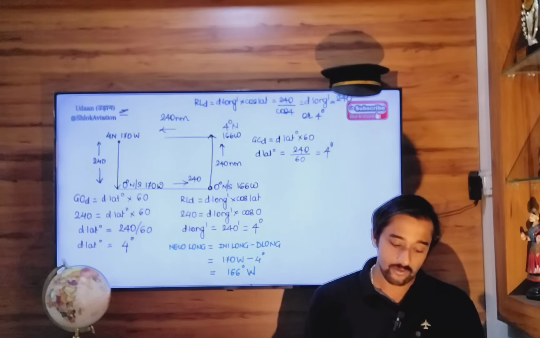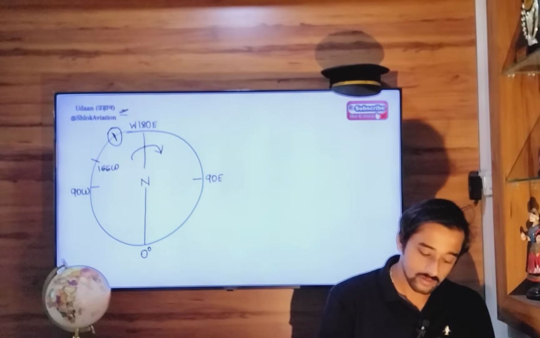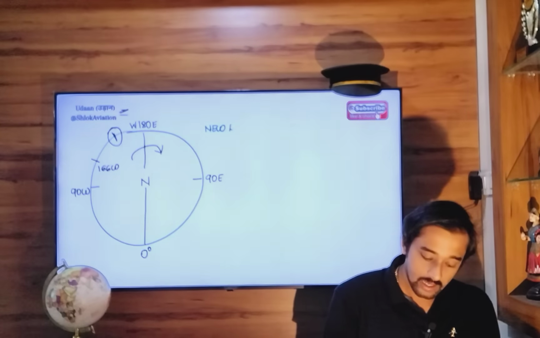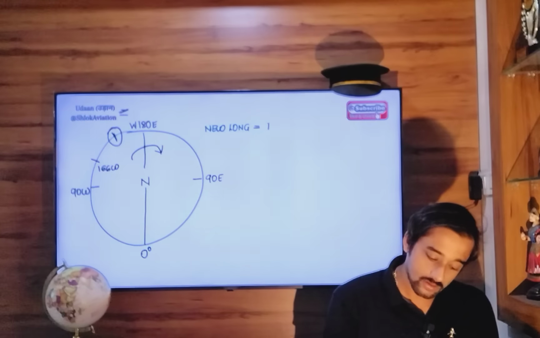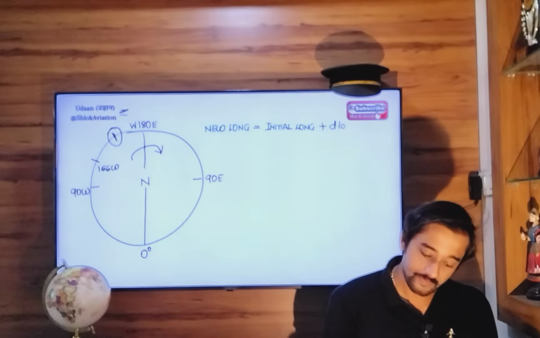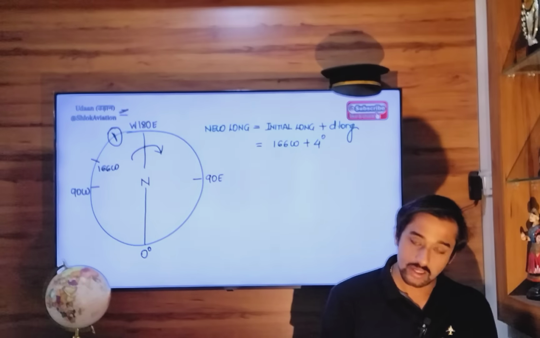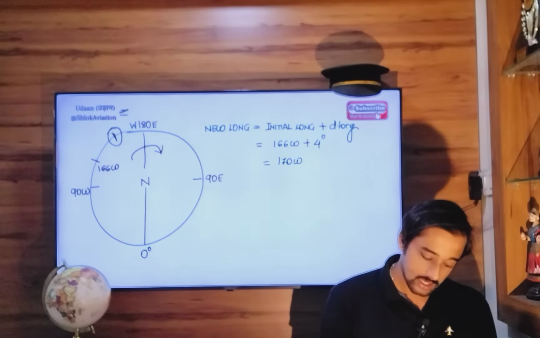So you will have to add. So new longitude will be equal to initial longitude plus d long. So 166 west plus d long, 4 degrees, is 170 west. So new longitude is 170 west.